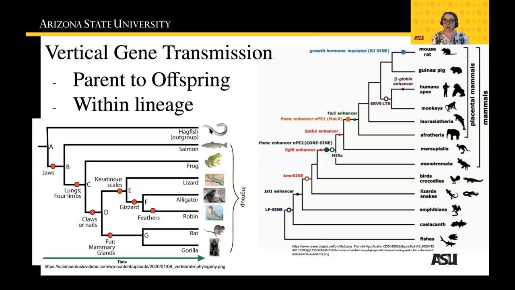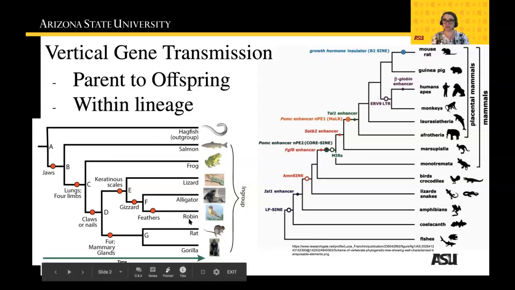We know it's heritable because hagfish did not have a jaw, or lampreys that we talked about, they did not have a jaw. So jawless fishes, then arose jaws, and we can see all the organisms from that point have these jaws.